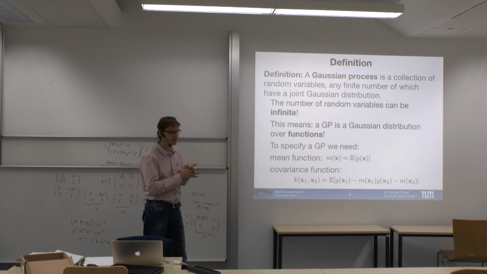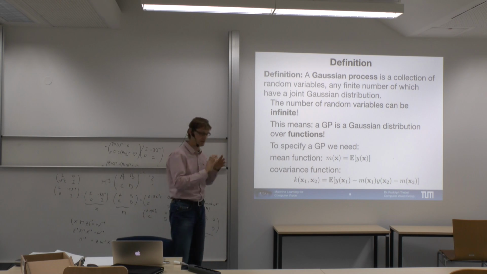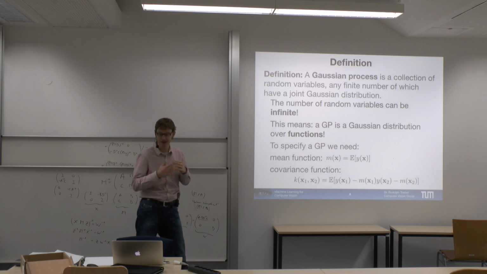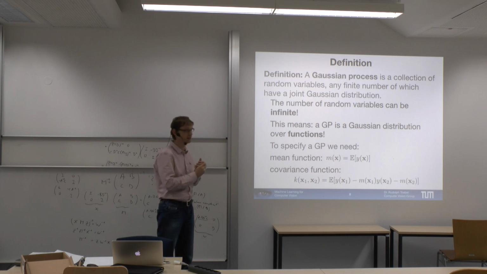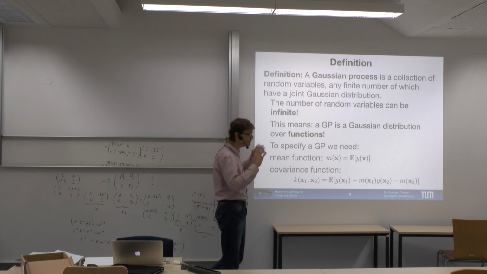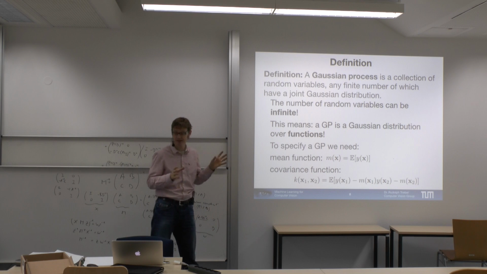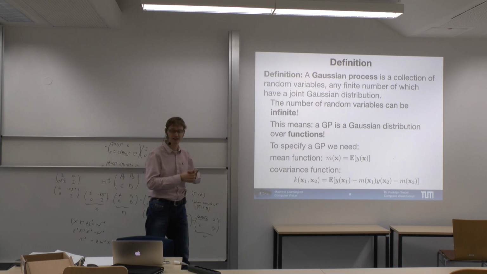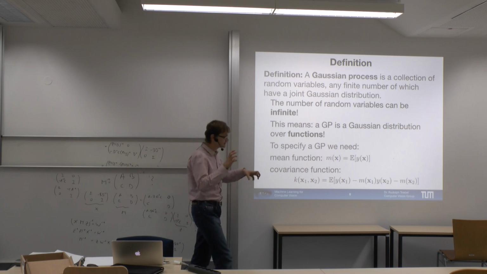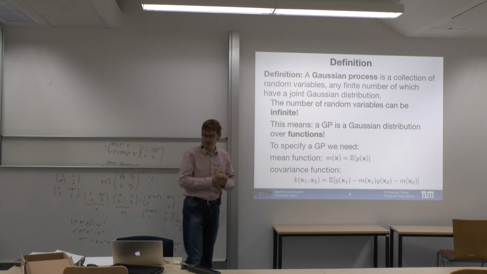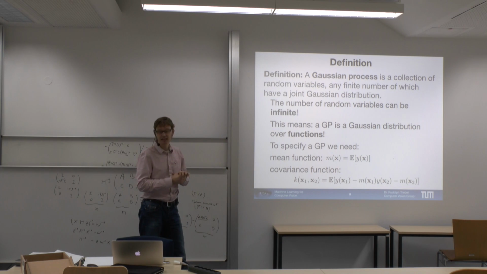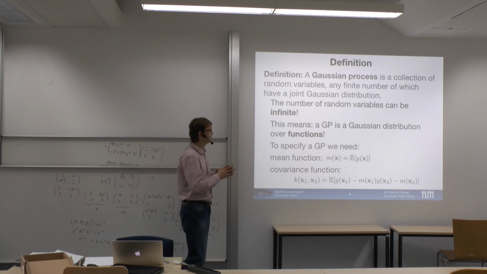The number of random variables can be finite or infinite, and particularly if it's infinite, then it's interesting. So we define an infinite set of random variables, but we constrain it so that if we pick any finite subset of these infinitely many variables, then this finite subset is jointly Gaussian distributed.